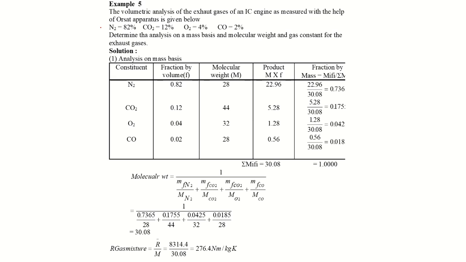Using this, we can carry out the volumetric analysis of the exhaust gases or flue gas. So we have nitrogen 82%, carbon dioxide 12%, oxygen 4%, and CO 2%. Determine the analysis on a mass basis and the molecular weight and gas constant for the exhaust gas.